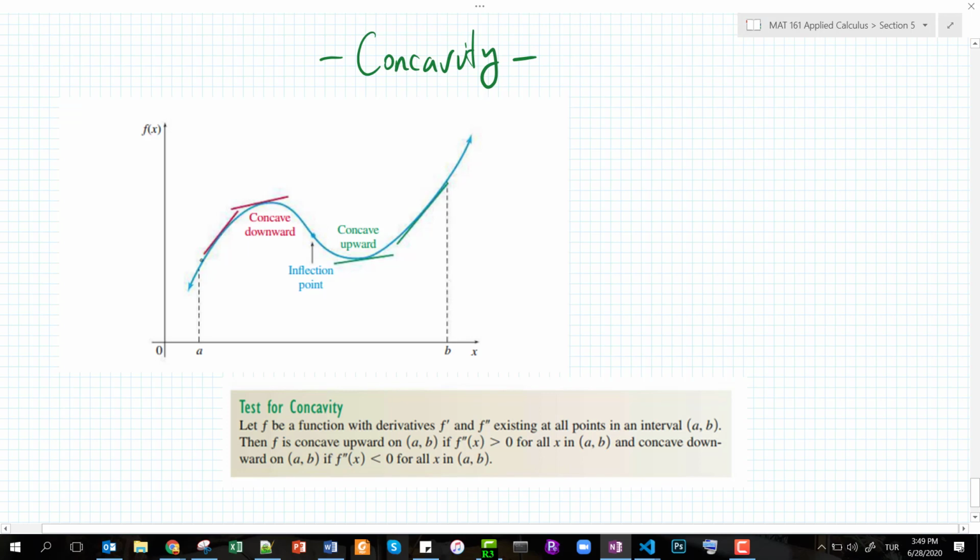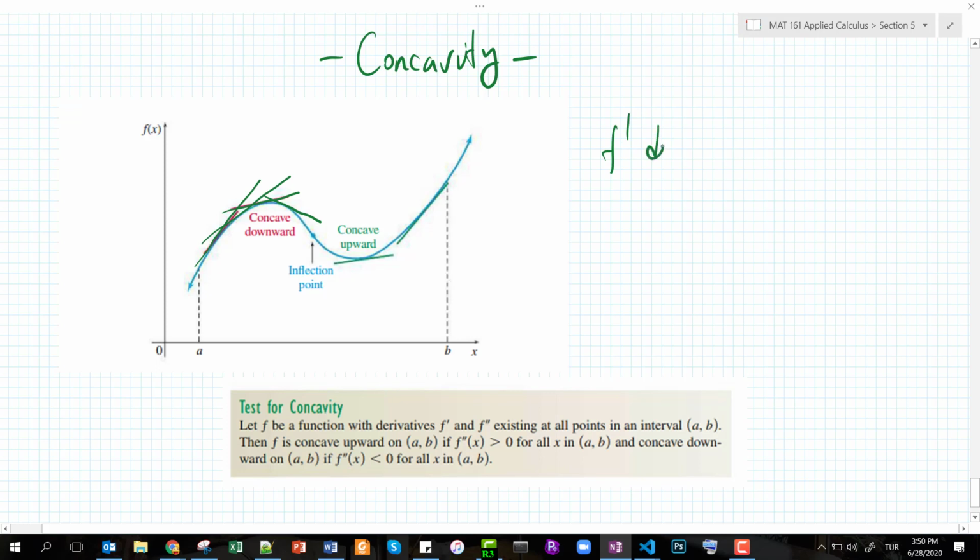So what happens here as my function is increasing? As you know, if my function is increasing, of course my derivative is positive, but also this slope line slope, my derivative, is decreasing, as you see. The tangent line slope gets decreasing when I move on this curve. So what does that mean?